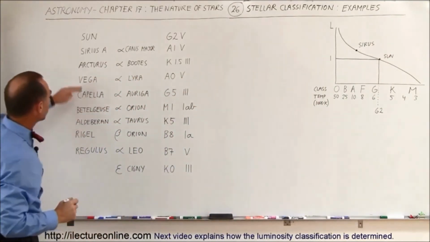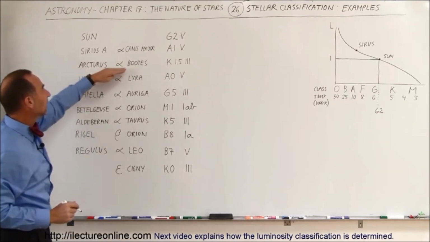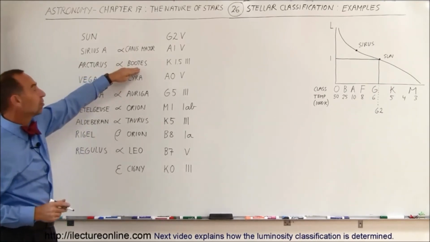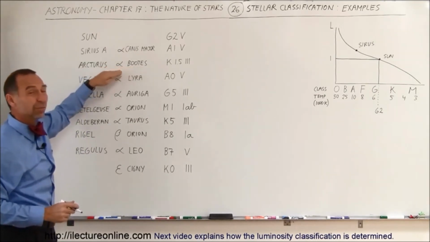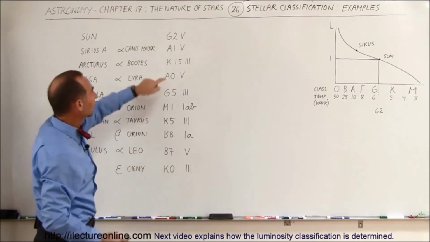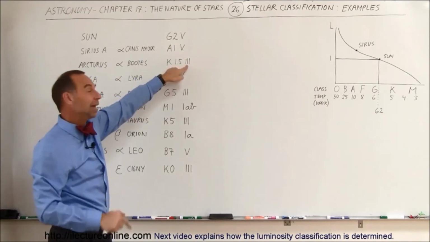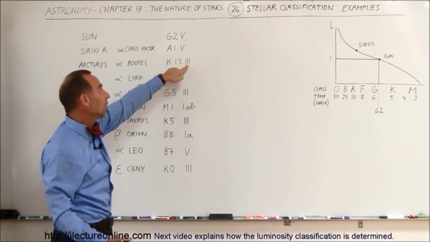All right, next one is Arcturus. That's the very bright star in the constellation Boötes, so we call it Alpha Boötis. It's the brightest star in that constellation. Notice that the classification gives it a K1.5III. The III means that it's no longer a main sequence star, it's now a red giant.